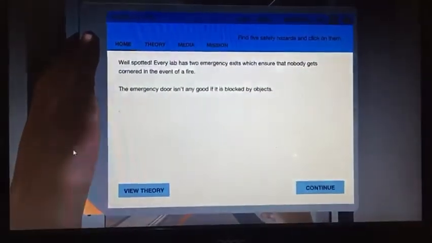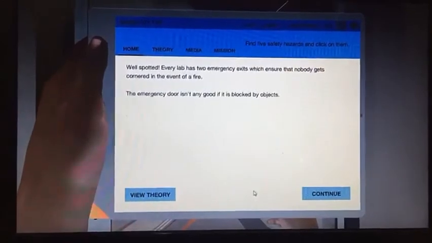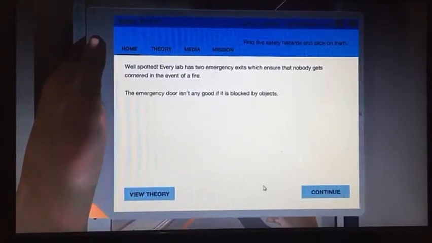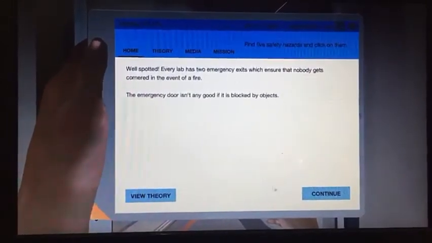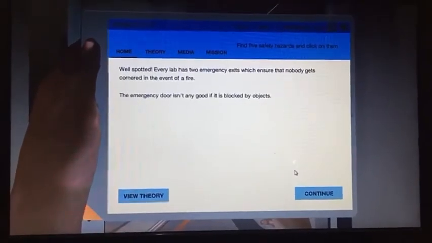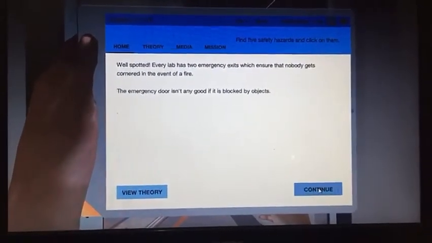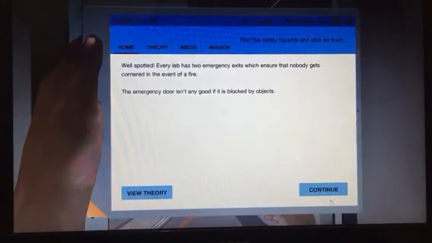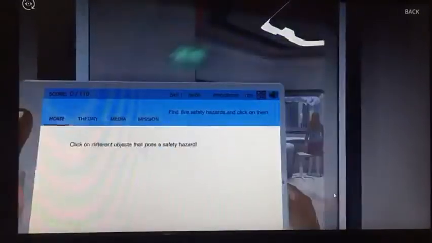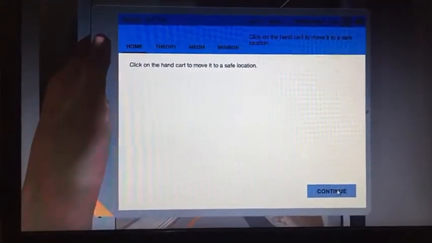Well spotted. Every lab has 2 emergency exits which ensure that nobody gets cornered in the event of a fire. The emergency door isn't any good if it is blocked by objects. Click on the handcart to move it to a safe location.